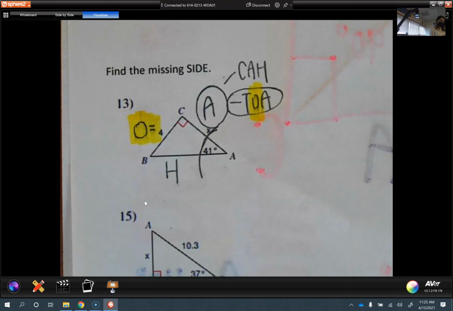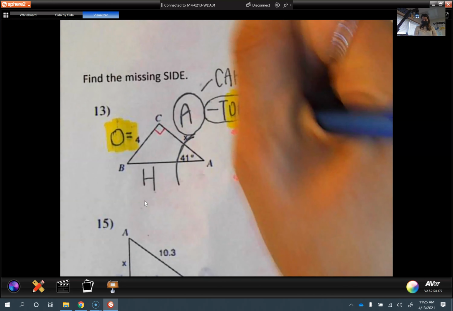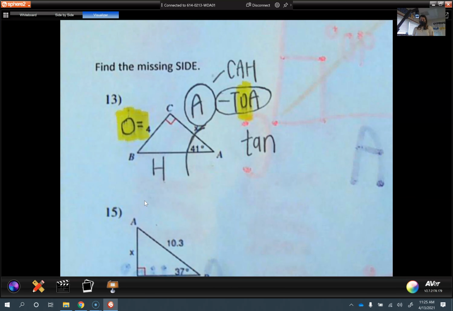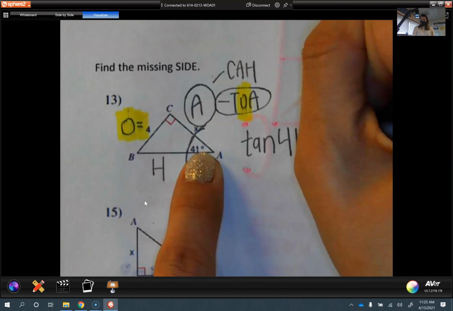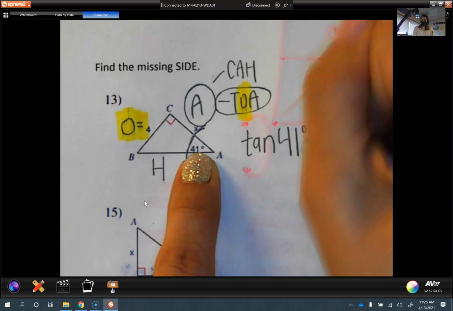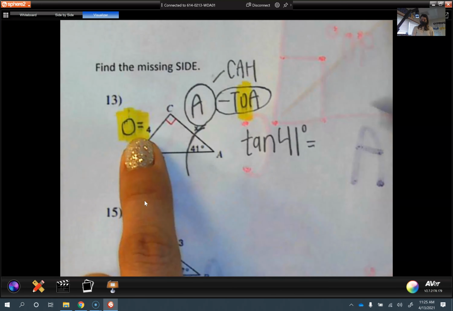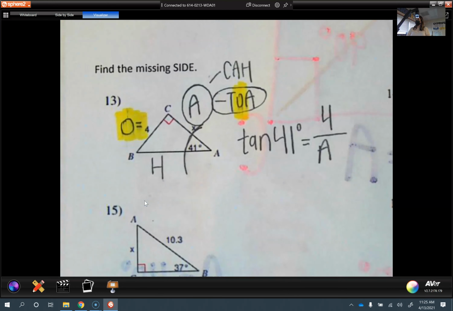You're hanging in? Yeah? Okay, so here's how you set this up. Tangent, because we're using TOA, tangent of 41. We have to use that angle. The tangent of this marked angle is my opposite side, 4, over my adjacent side, which is what they want me to find.